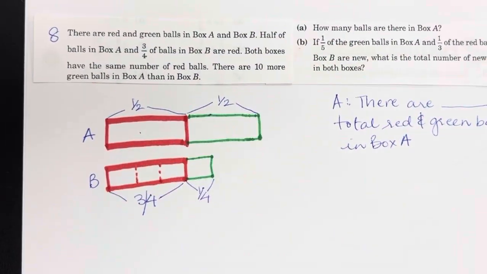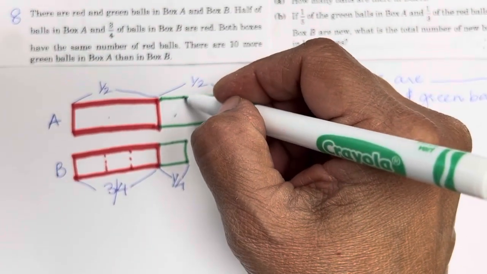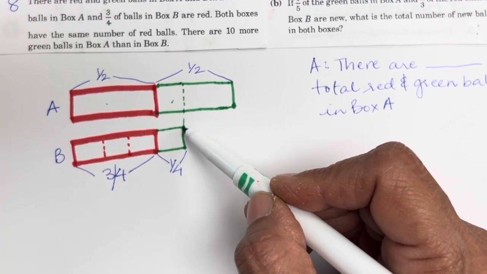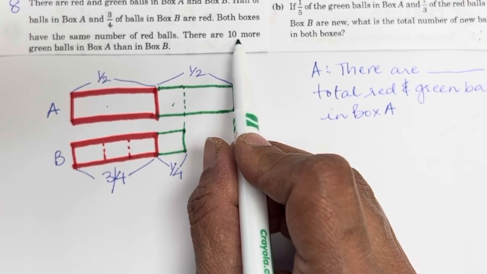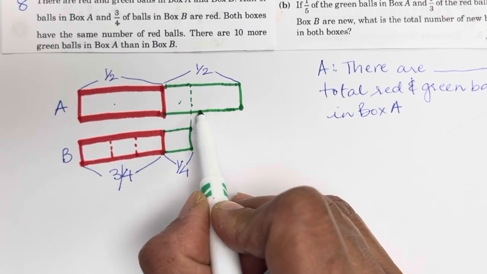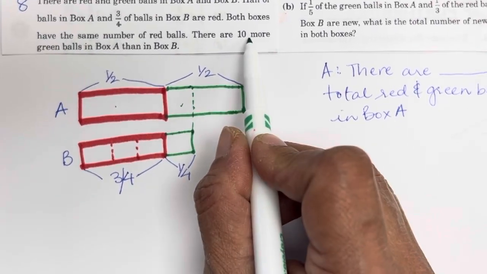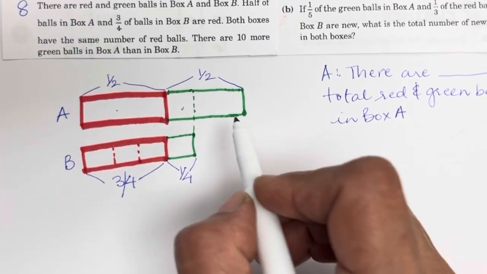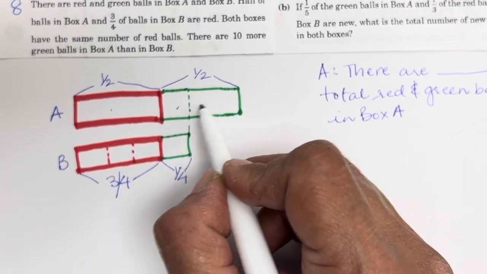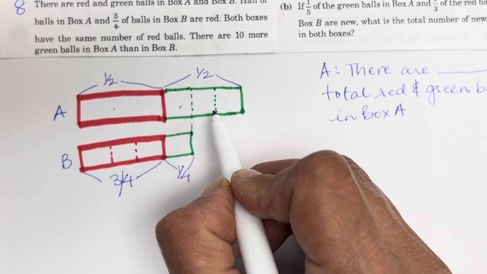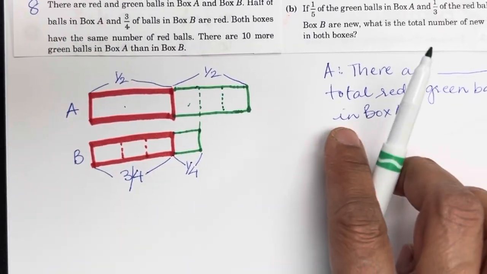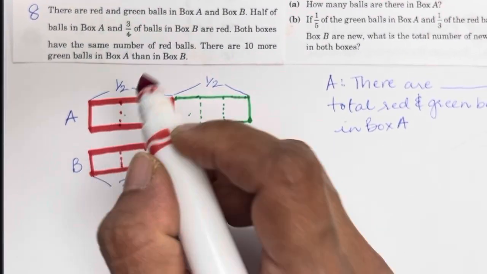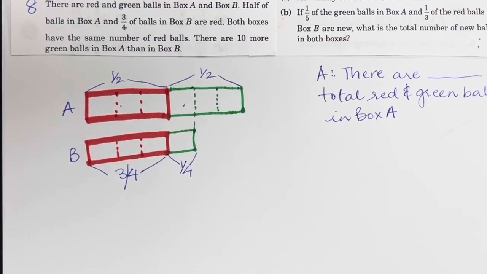If I were to just show you, I can clearly see, if I were to just extend this line, it says there are 10 more green balls. That means this quantity over here is 10 green balls, because box A has 10 more than box B. And now if I were to split this half again into the same kind of sections, I can see that I have the entire section divided into thirds like this.